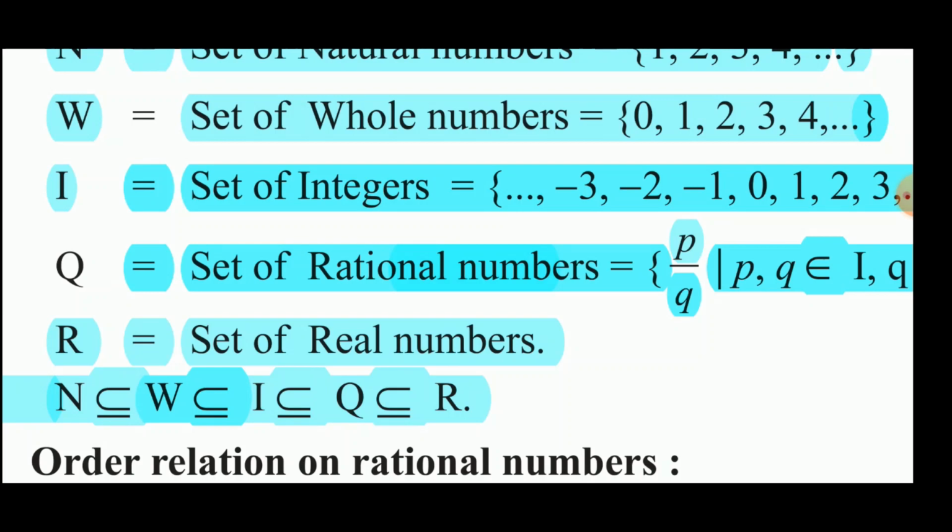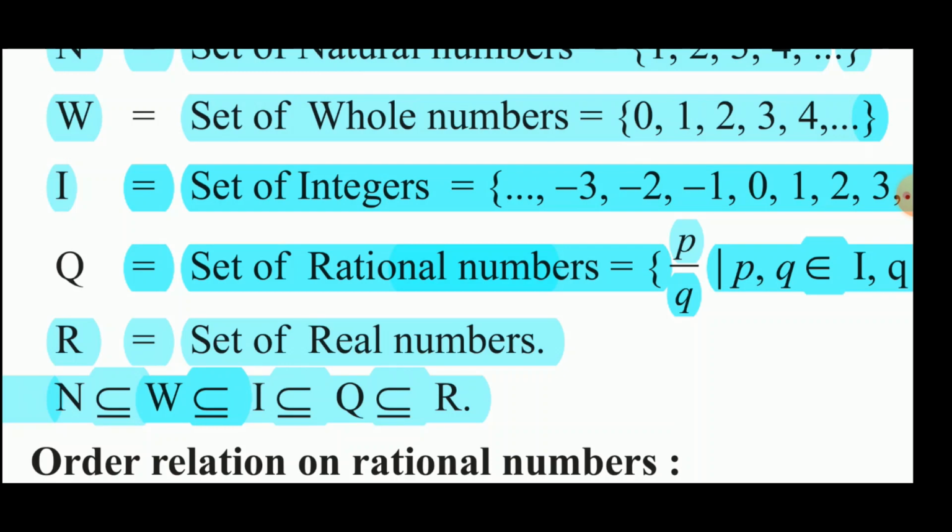So from these different sets of numbers, we see that the set of natural numbers N is a subset of whole numbers W. W is a subset of I, the set of integers, because all the whole numbers are also integers. Then the integer set I is a subset of Q, the set of rational numbers, because all the integers are also rational numbers, and all the rational numbers are also real numbers.